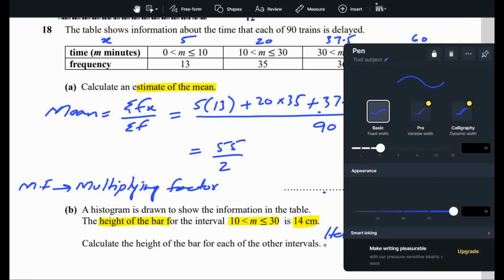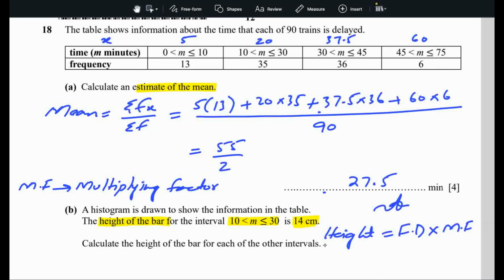So what we can do is find the height of each of the bars. For 0 to 10, the frequency density will be equal to frequency divided by the class width. Here the class width for the first interval is 10. So divide by 10, multiply by the multiplying factor, which we have to find out first.